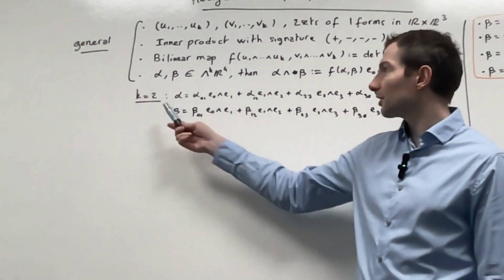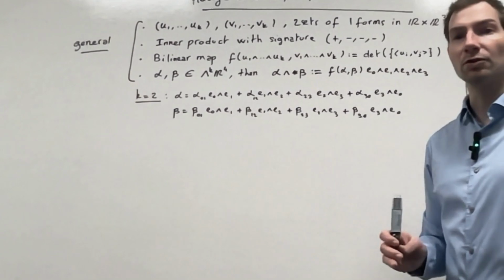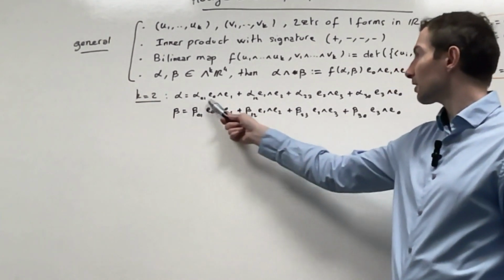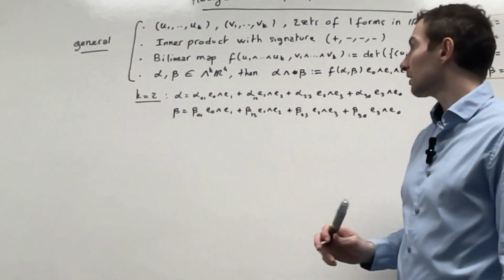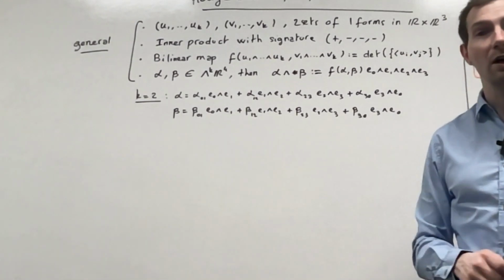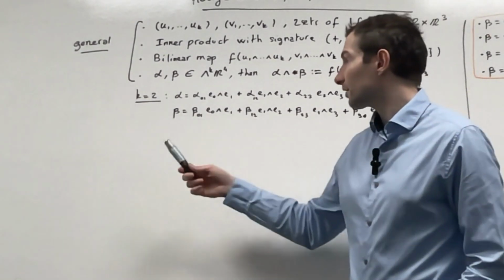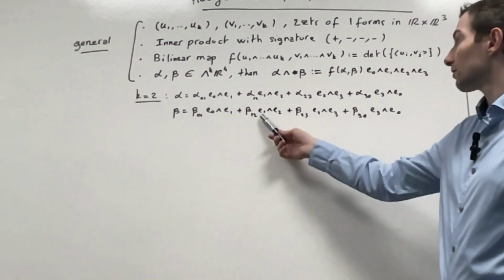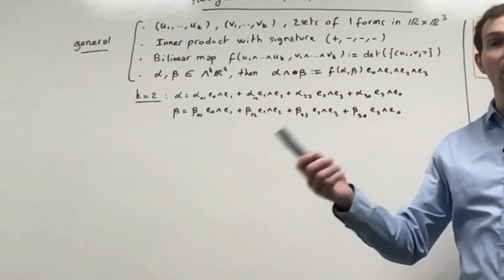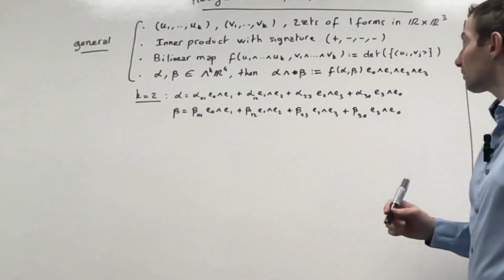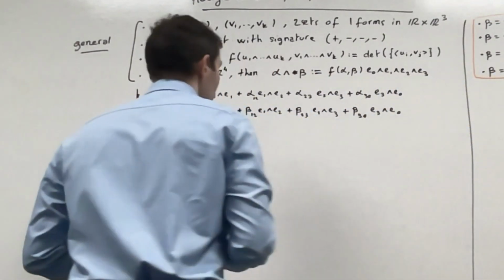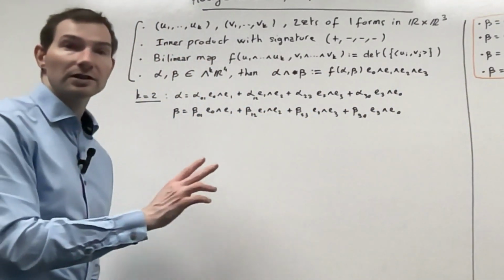Now we are looking at the case k equal 2, which means alpha is going to have this particular expansion in terms of 2 forms or 2 vectors, and beta is going to have essentially the same kind of expansion. Just in case you're not sure, I use the same strategy as last time.